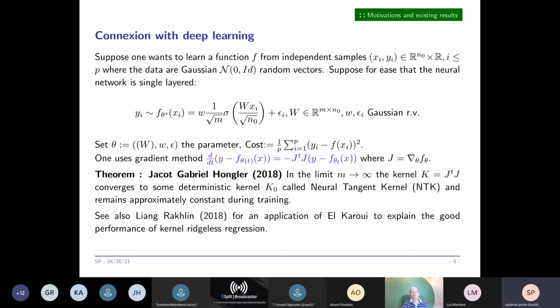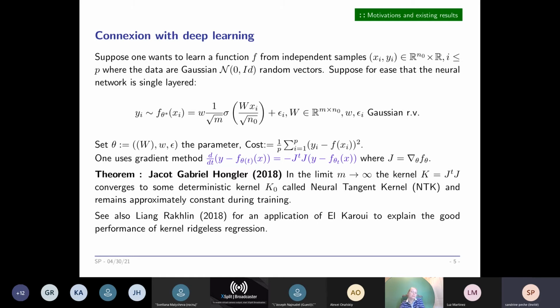The idea used by Jacot, Gabriel and Hongler is to put as a parameter all that is not known, all that is random in the neural network, and to consider the least squares, the L2 norm for the error.